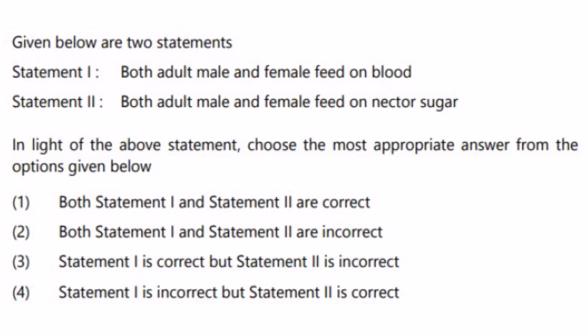So statement 1 is incorrect. Both adult male and female feed on nectar sugar, it is correct. Females also feed on nectar sugar, not only blood. So statement 1 is incorrect, but statement 2 is correct, which makes option 4 the right answer.